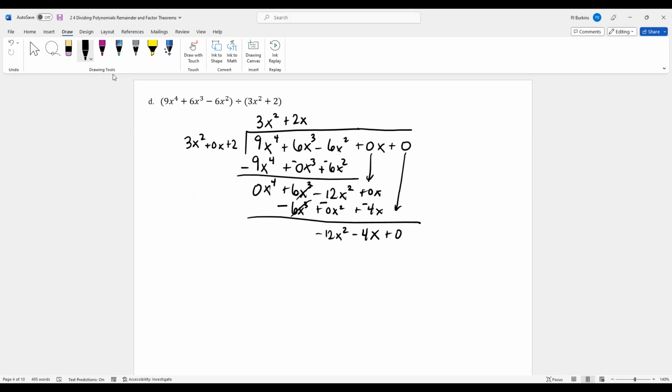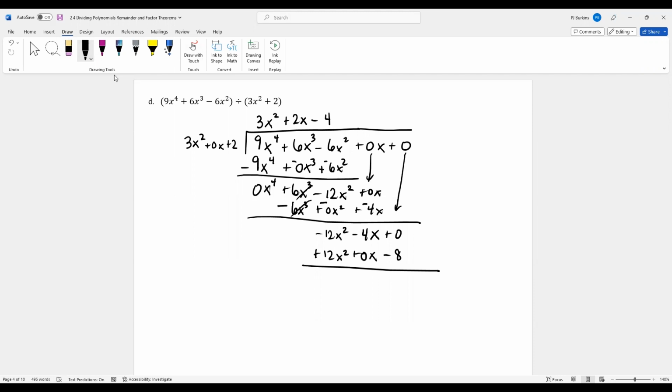In order to do that, I get minus 4. Minus 4 times 3x squared is minus 12x squared. Minus 4 times 0x is 0x. And then negative 4 times 2 is minus 8.